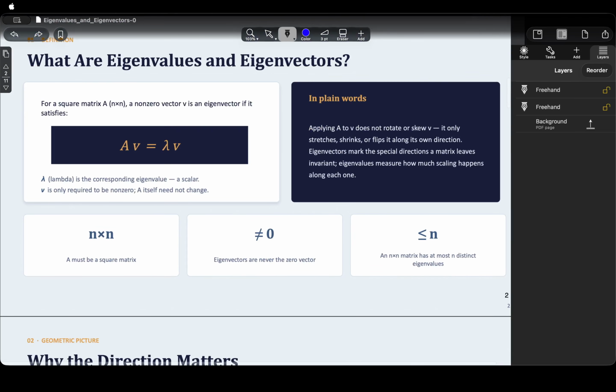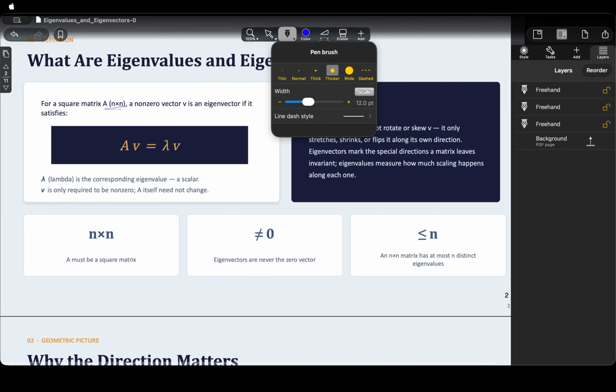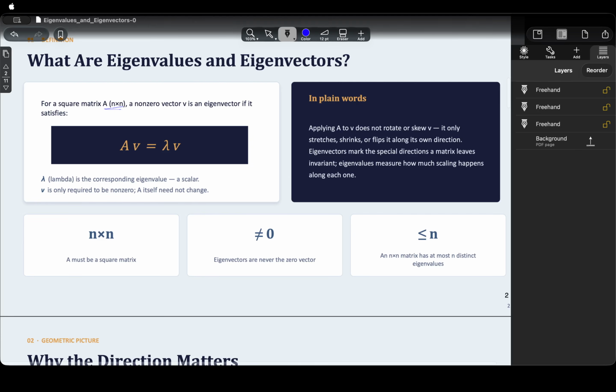It says that if we have a square matrix A of dimension n by n, and a non-zero vector, which is v, or in some books you mostly see x, and if AV is a scalar multiple of V, then we can write this: AV equals lambda V, for some lambda.